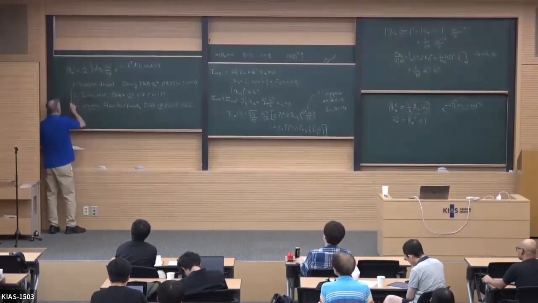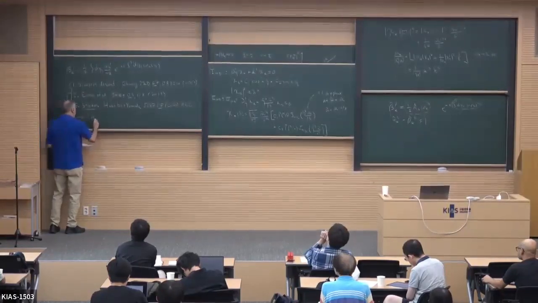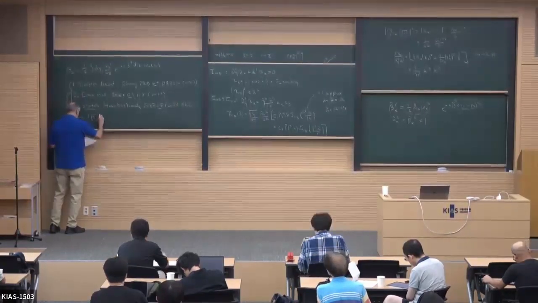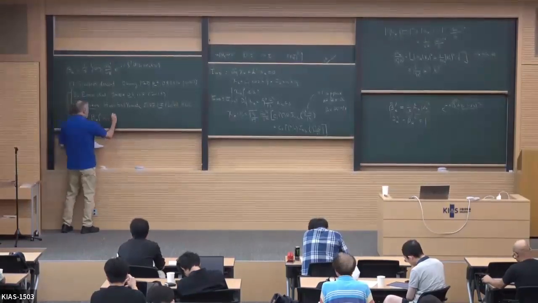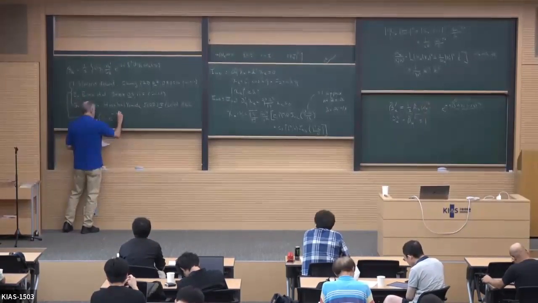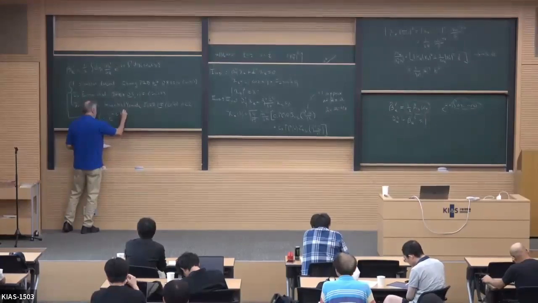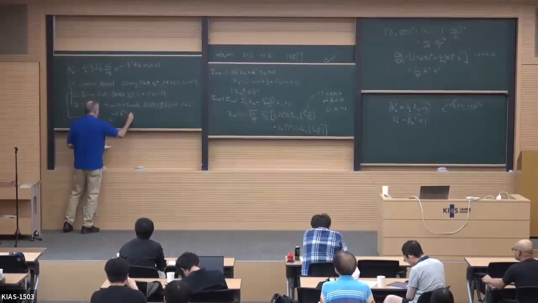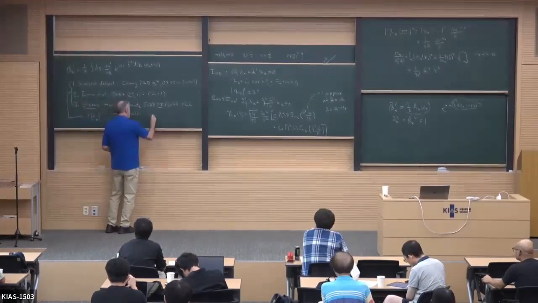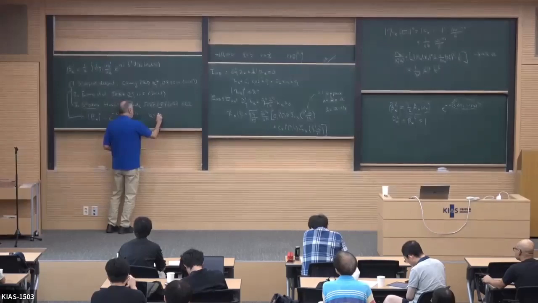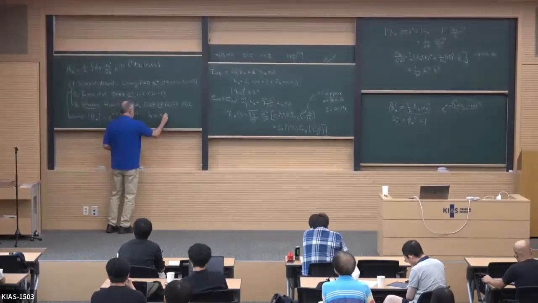So all of these approaches give essentially the same answer, that beta of k squared is approximately e to the minus some constant, k tilde to the 3/2 over m tilde to the 1/2. And these work for k larger than m tilde to the 1/3.